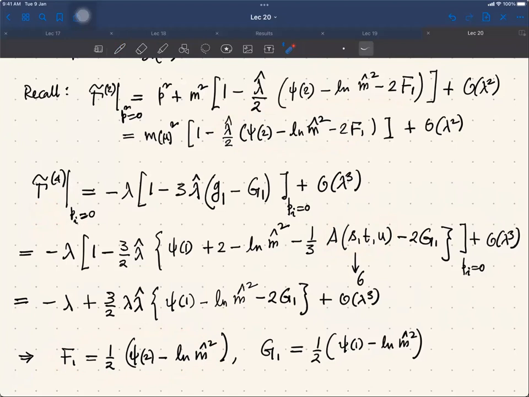So once we find G1 in terms of these functions and substitute it back, this term will cancel psi1 and minus log m hat square, and the expression will be left with 2 minus 1/3 a, where these are non-zero values of p.